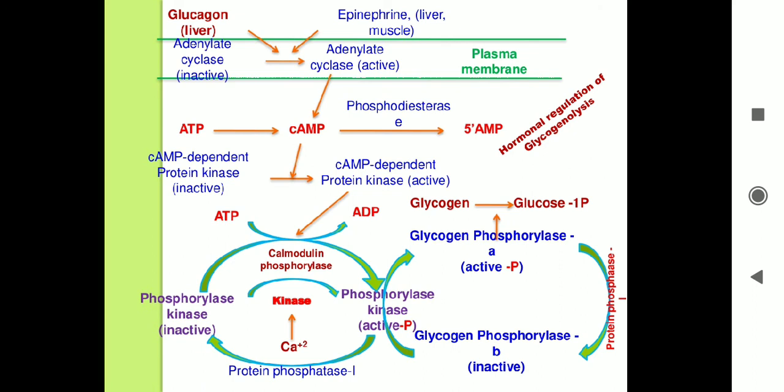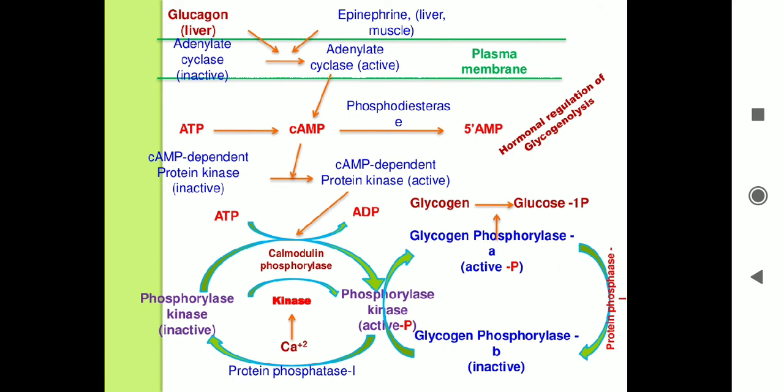If you want phosphorylase kinase in active form, there is the action of the enzyme calmodulin phosphorylase, or kinases. It converts inactive to active, and from active to inactive there is the action of the enzyme protein phosphatase. Okay, so this is very simple, like your glycogen synthesis.